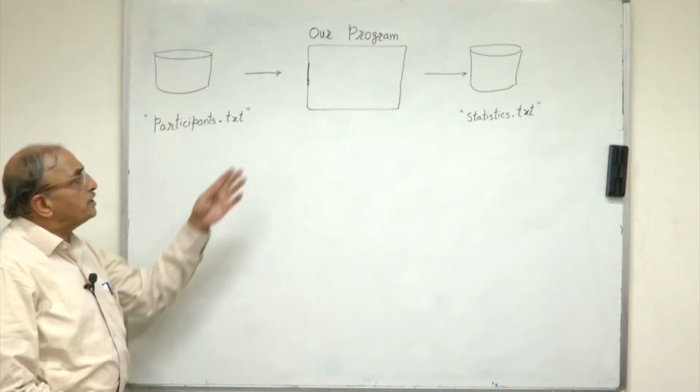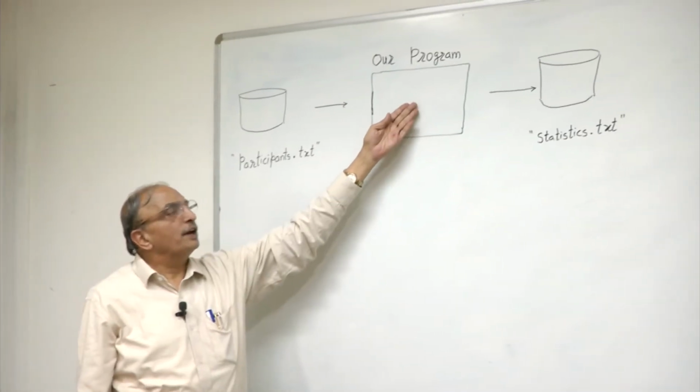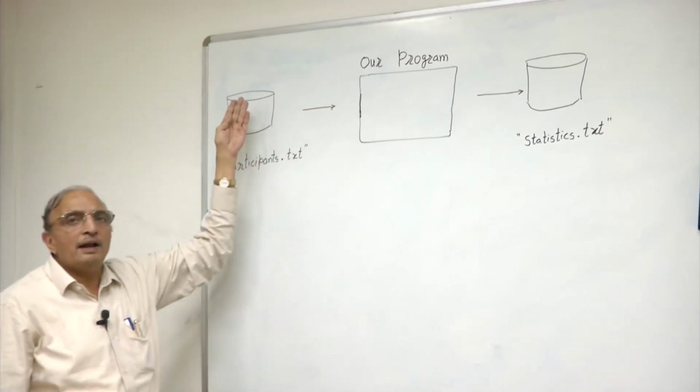Here is the basic block diagram of what we wish to do. We have our program here. We wish this program to read data from a file.